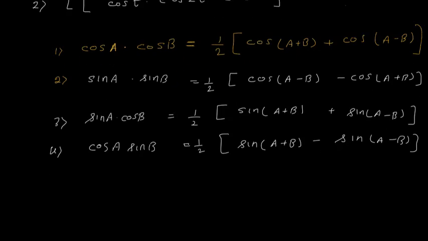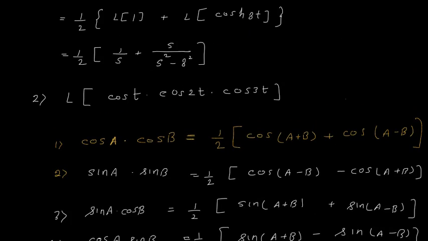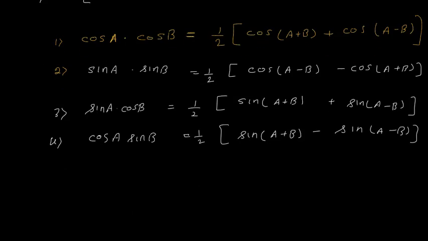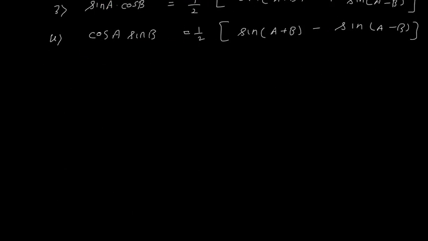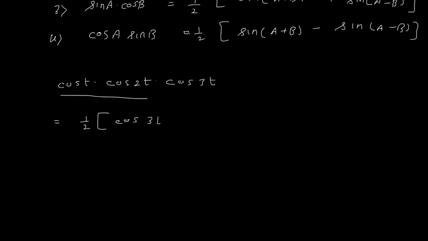So now here we have cos t cos 2t into cos 3t. First let us find the value of cos t into cos 2t into cos 3t. So this is equal to, first we will solve this part. This will become 1 upon 2 times cos of a plus b, that is cos 3t, plus cos of a minus b.